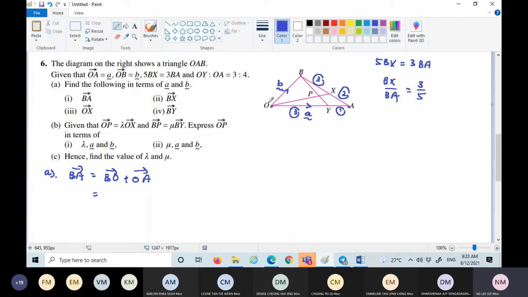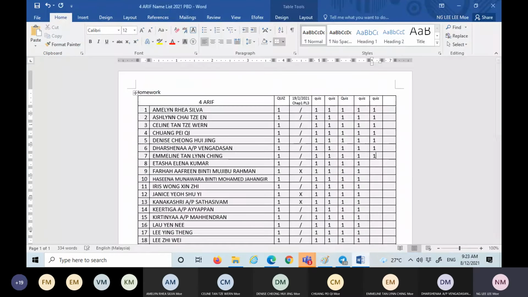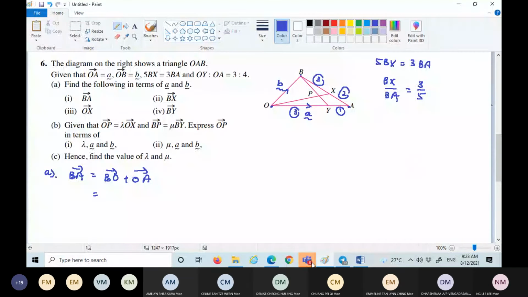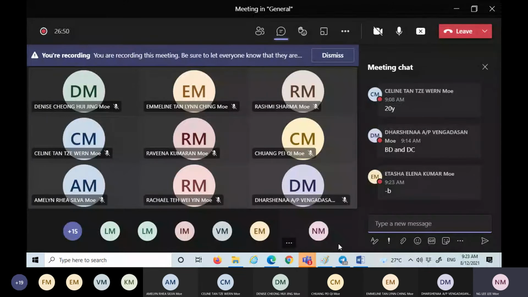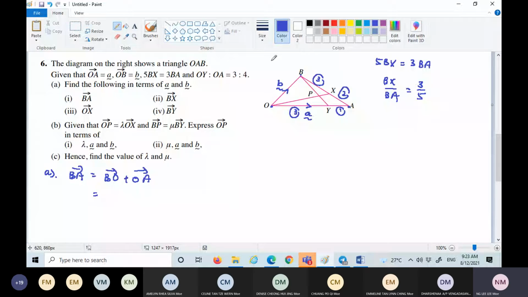What is BO? Negative B, because OB is positive, so BO is negative. Be aware of the sign. Then OA is a positive A. So that's all, nothing to simplify. So this is part 1.